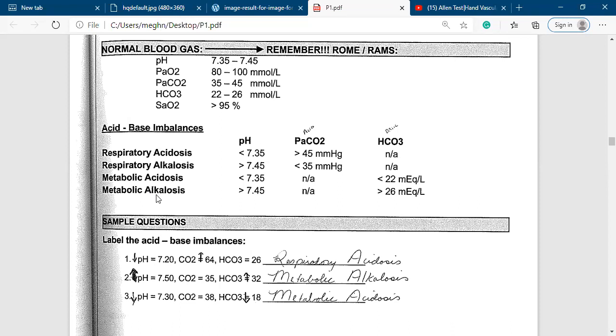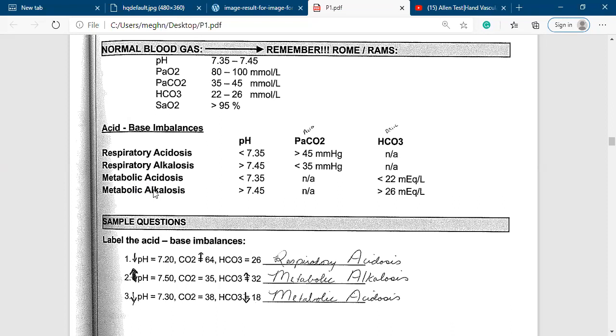Like gastric suctioning, excessive use of potassium wasting diuretics like Lasix, loop diuretics, furosemide, they can cause metabolic alkalosis, or any kind of endocrine disease like Cushing syndrome, hyperaldosteronism, all cause metabolic alkalosis. So if I make it easy, in case of diarrhea, metabolic acidosis; in case of vomiting, metabolic alkalosis.